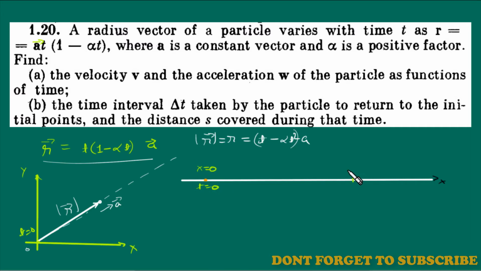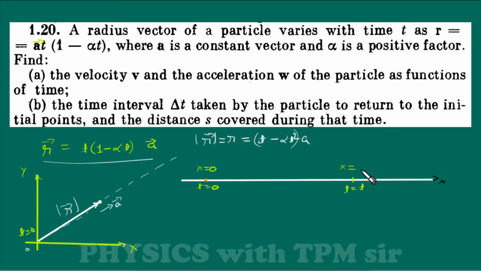And at any time t, the x coordinate of the particle has become (t − α t²) into a.